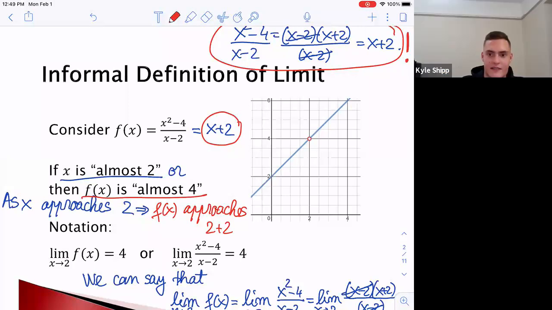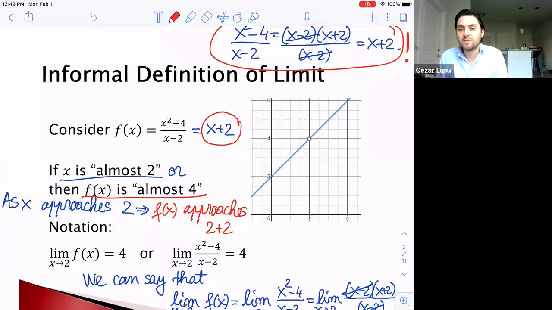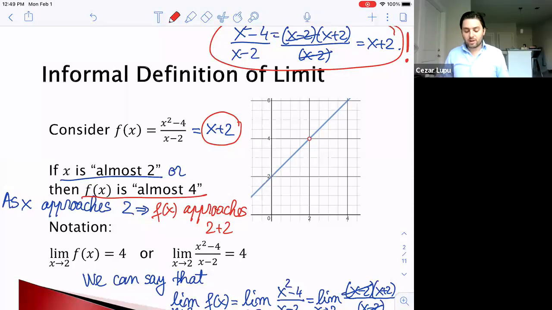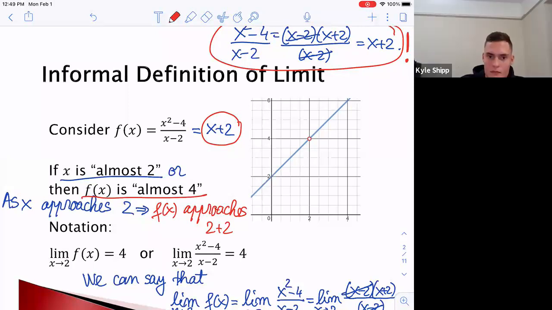Undefined? Or specific. It's 0 over 0, right? 1. Wait, no. Once again, look at the top here.